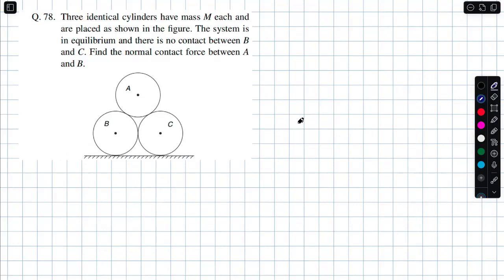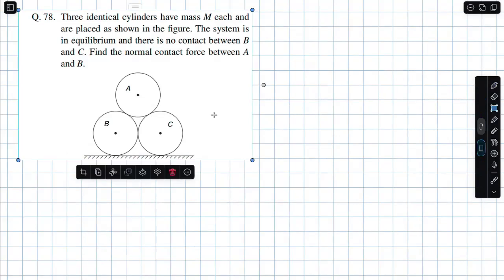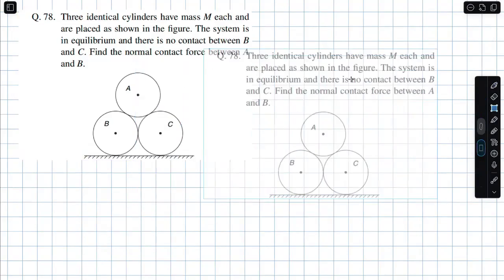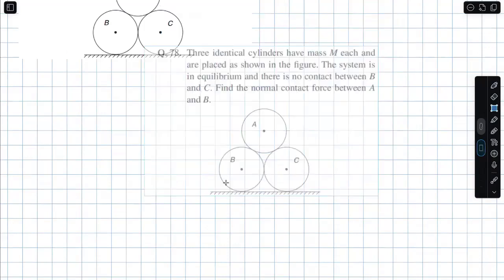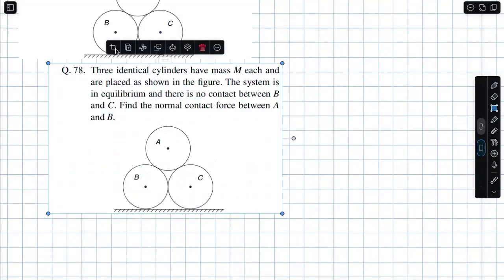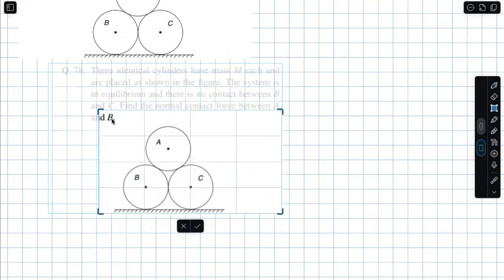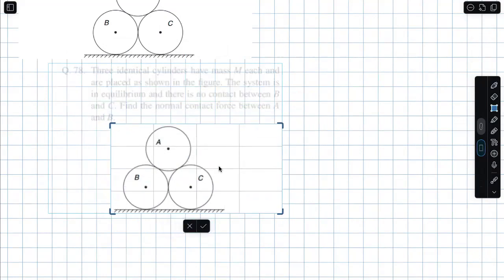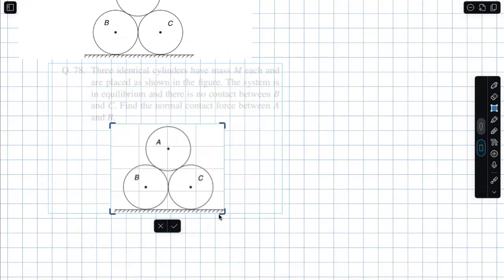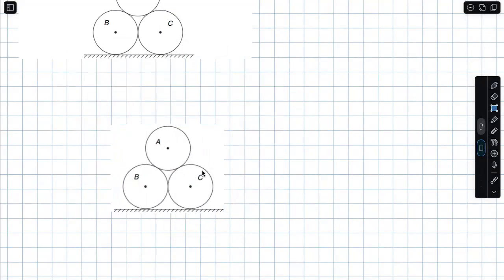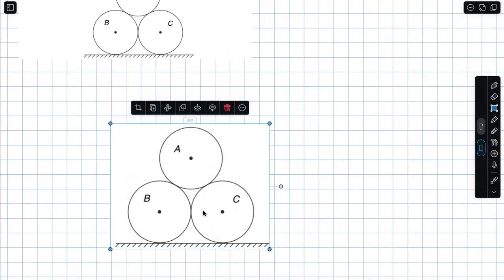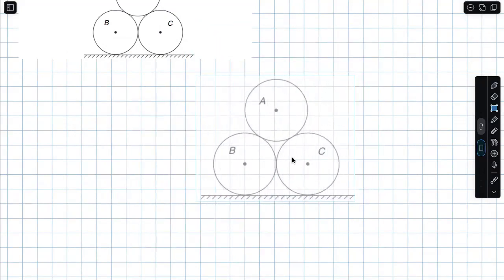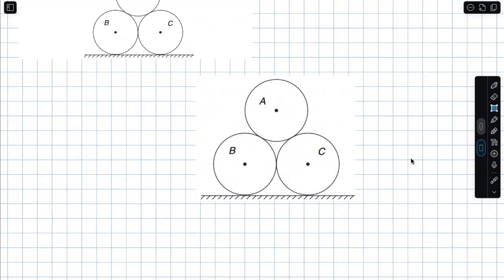Now, see, that's the situation here. No, I'm taking the free body diagram. Just please see how I'm drawing this.